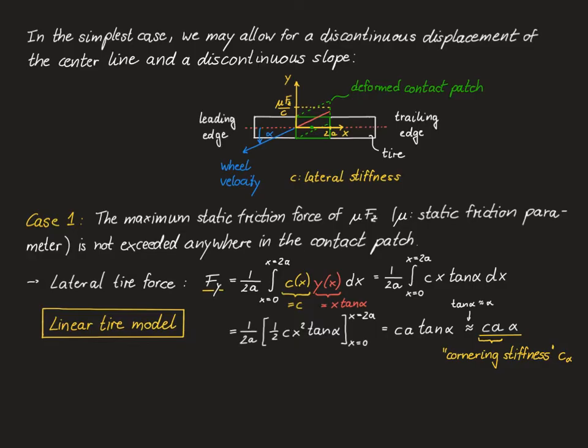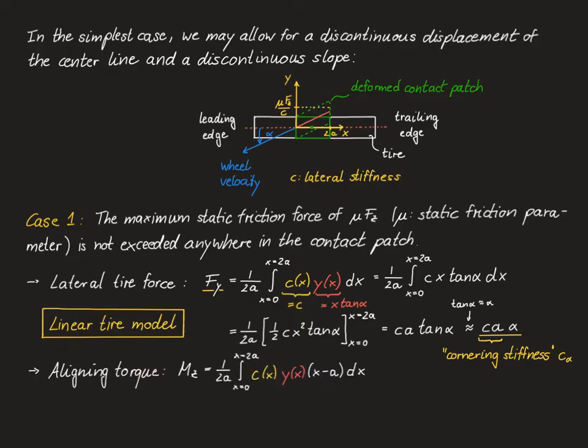And for this simple linear relationship between the lateral tire force and the slip angle, this tire model is also called the linear tire model. It's the simplest known tire model. However, it's very important in practice, probably exactly because it is so simple.